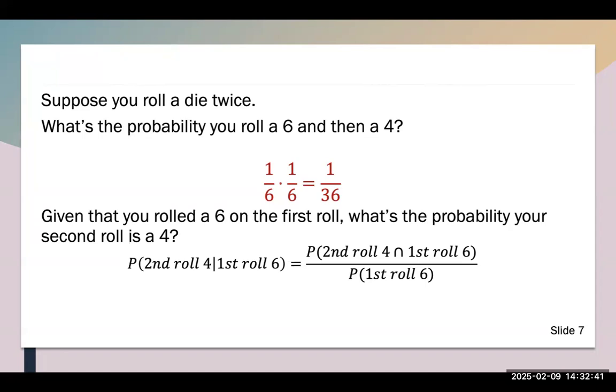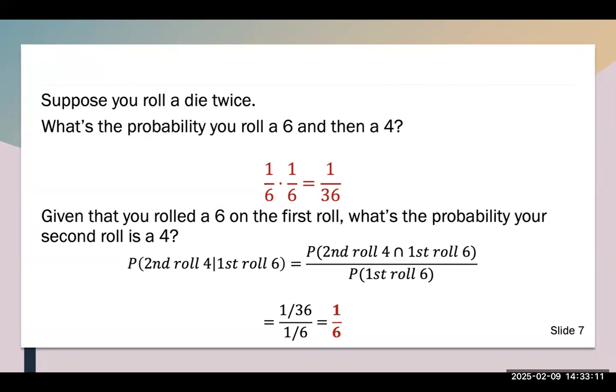Well, we already found that in the first problem here. That's 1 out of 36. And then we're going to divide by the part behind the line, the probability that the first roll is a 6. So we're going to take 1 over 36 and divide by 1 over 6, and we get 1 over 6. That's a little complicated, but because these are independent events, notice that this probability is the same thing as just rolling a 4.